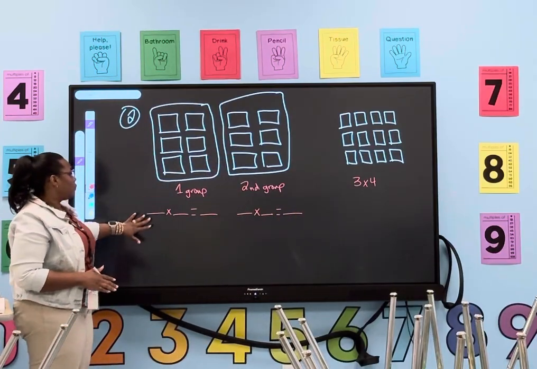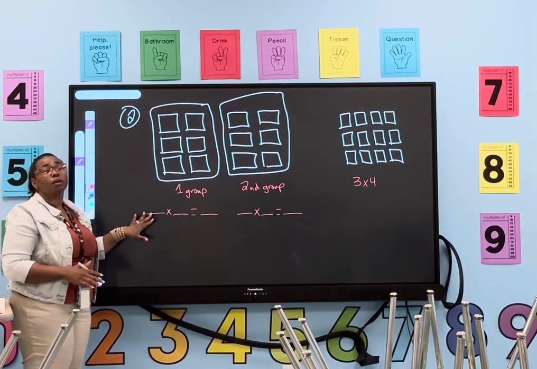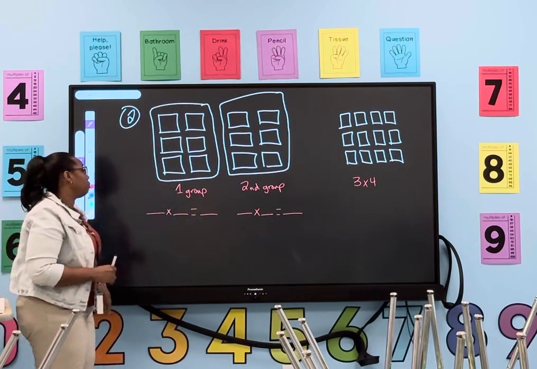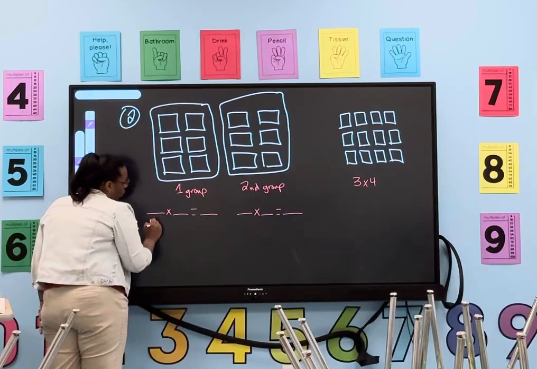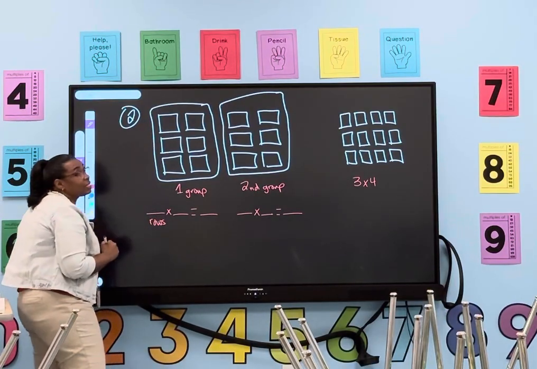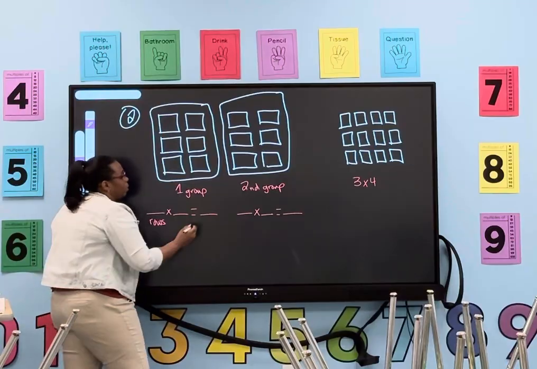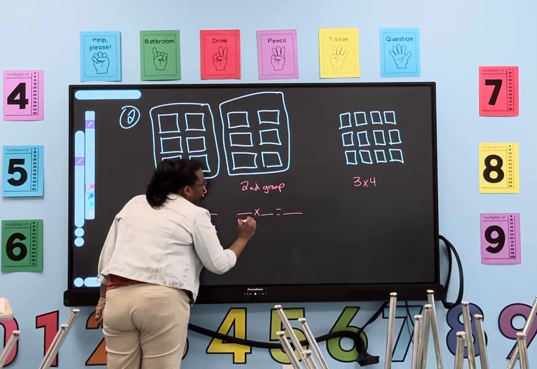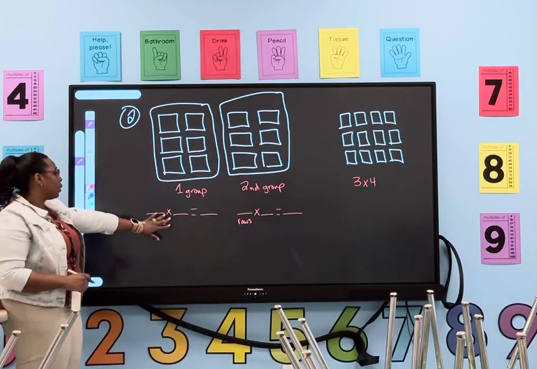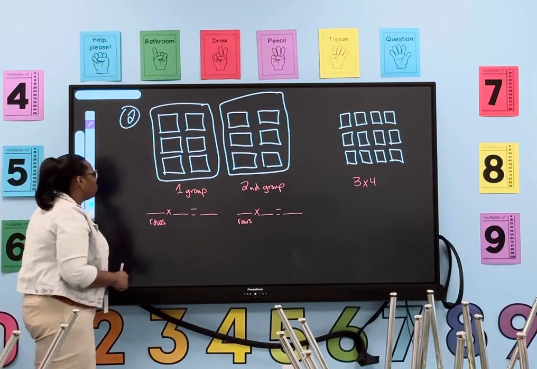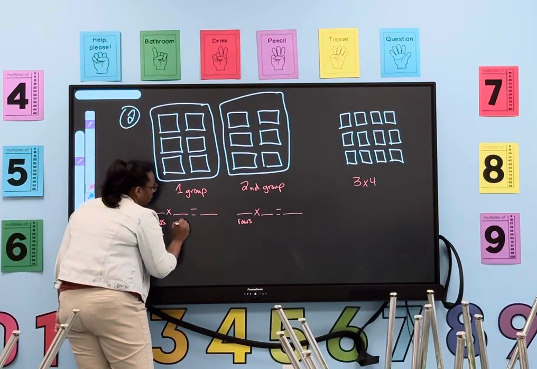Now, the first number in our multiplication sentence when you're looking at an array is going to be the rows. And remember, rows go side to side or left to right. Then I'm going to put it on here, rows. The second number is going to be your columns. So I'm going to put columns for my second number.